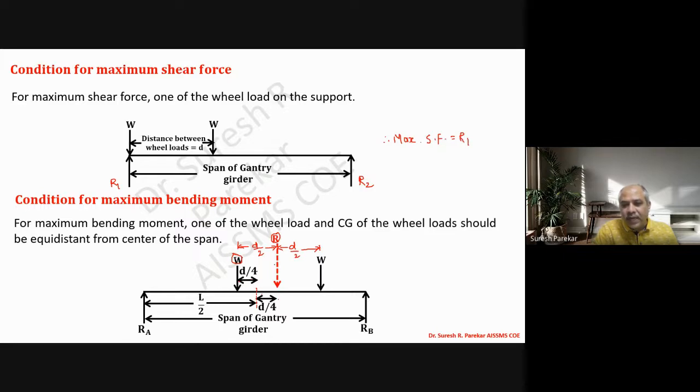So one of the wheel loads and the CG of the wheel loads should be equidistant from the center. So from here we have d by 4 and d by 4. And then when we take moment about this, I will say W1, and this is also W1 or W. We can give names to these wheels: I will say WA wheel, and this will be WB wheel.